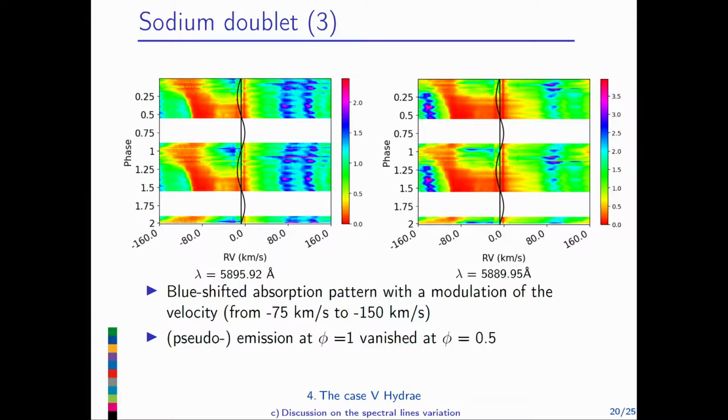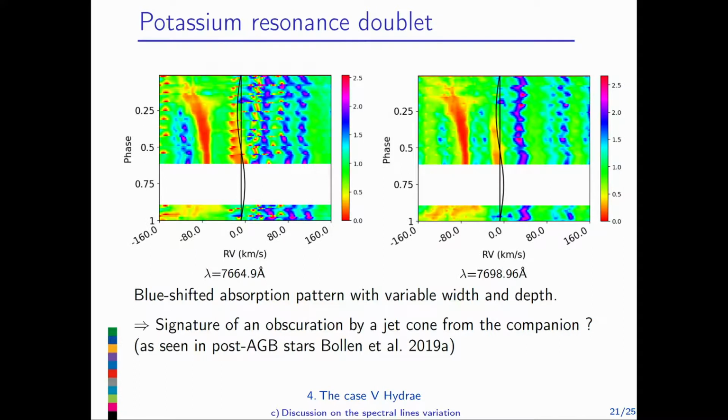If we look at another resonance line and another alkaline metal, the potassium doublet, which has really the same atomic configuration as the sodium doublet, we can see that for this atomic transition, we can find the same kind of behavior. So here, you have again the two lines of the doublet, two spectral windows showing the two doublets.